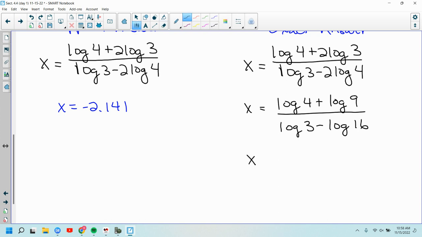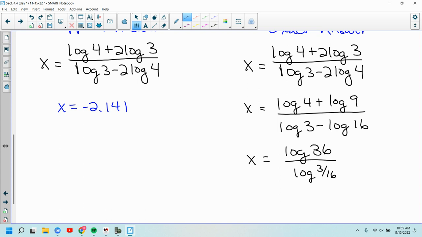Okay, now, what's the top going to become then? Log of 4 plus log of 9. Log of 36. Okay, I need a log of a single number. What's the bottom going to become? Now, it's not going to come out to be a nice number, so we're not going to round it off. What do we do with the 3 to 16? Divide. So just make it log of 3/16.